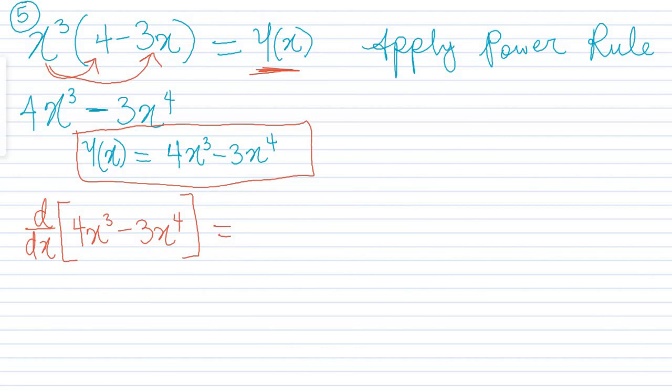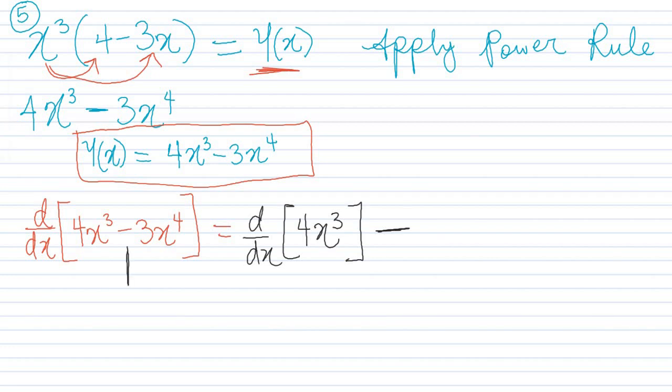So we're going to do d/dx of the first term, which in this case is 4x cubed, and then we now go to the next one. And then we now do minus. Why do we have minus here?